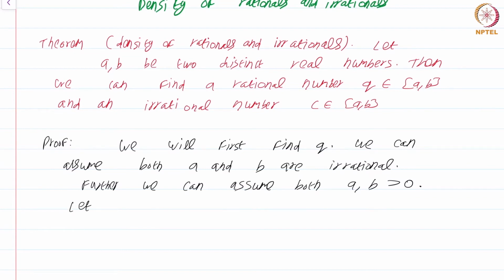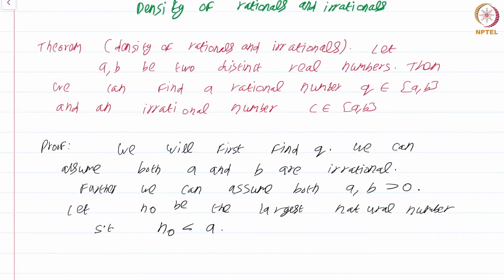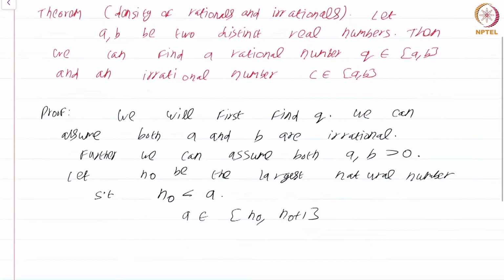Now, let n naught be the largest natural number such that n naught is strictly less than a. In other words, a is an element of the interval [n naught, n naught plus 1].